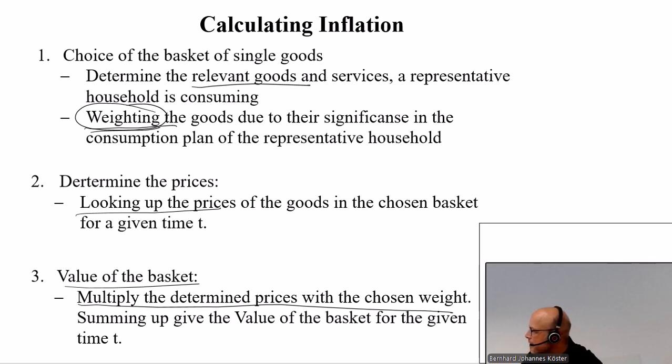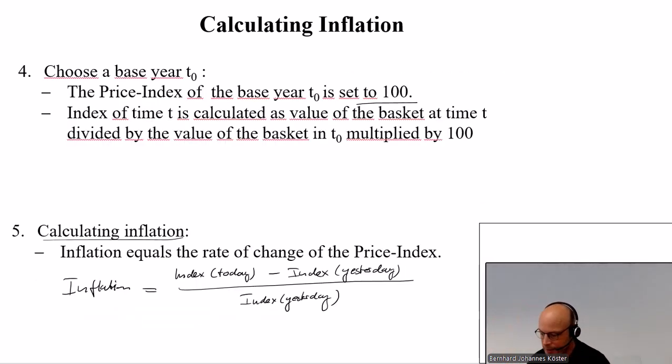So if we have these weights, then we just calculate the weighted arithmetic mean by multiplying the chosen weights times the prices, and setting one base to 100, we obtain, as always when we are talking about the relative change of a variable, the growth rate, which is the inflation: the index today minus the index yesterday over the index yesterday, the starting point.